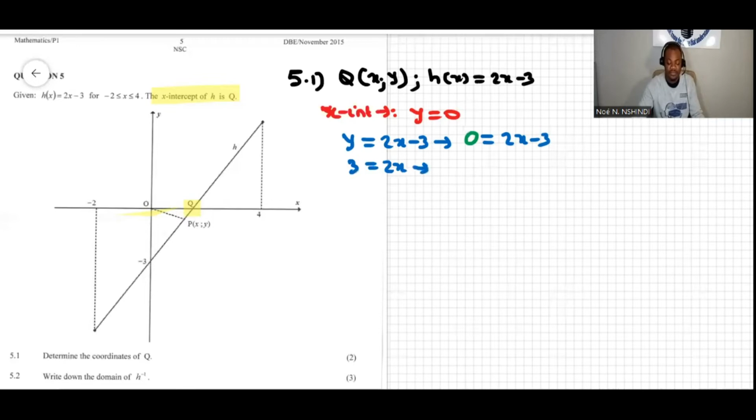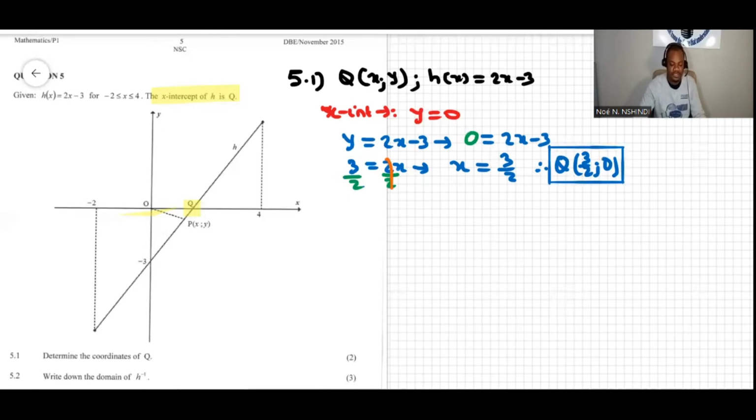Then we divide both sides by 2, the 2 cancels, and we are left with x equal to 3 over 2. Therefore, q is (3 over 2, 0). That's the value of the point q.